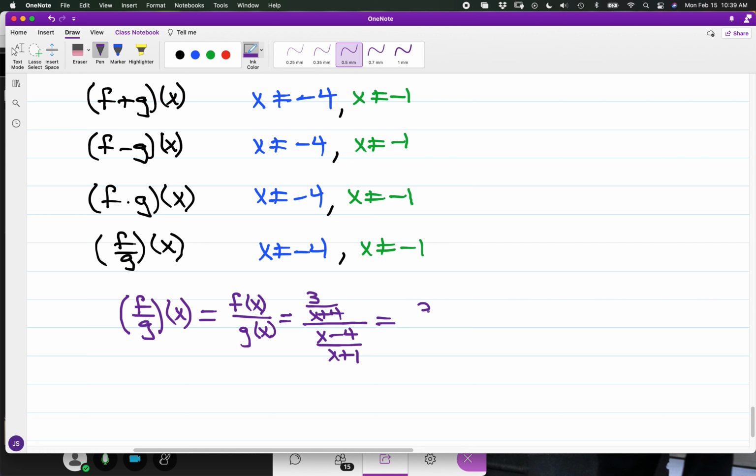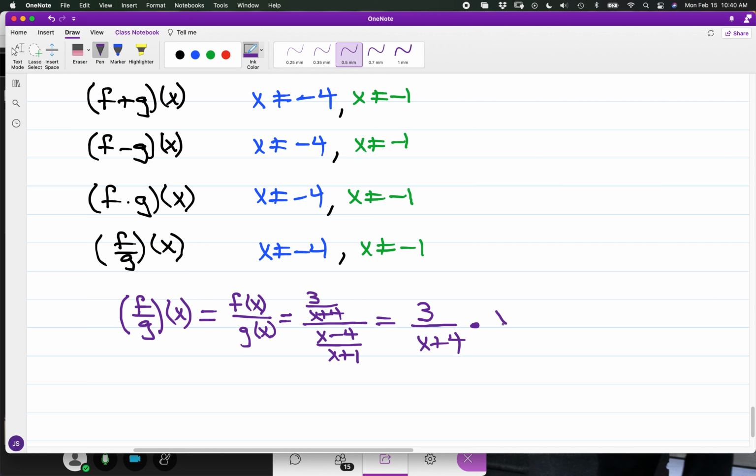If I divide 3x plus 4 by x minus 4 over x plus 1, again, dividing by a fraction is the same as multiplying by the bottom fraction's reciprocal.